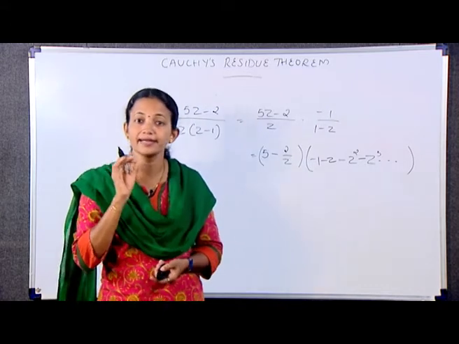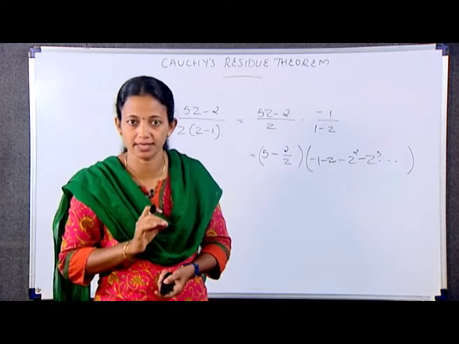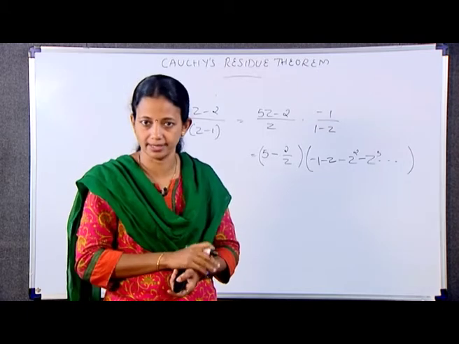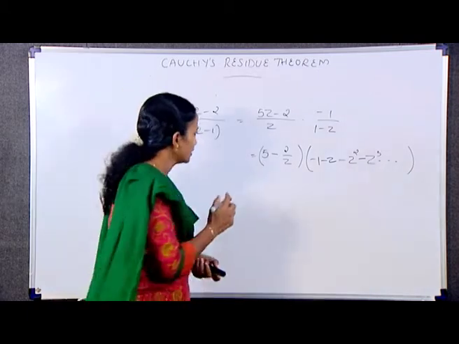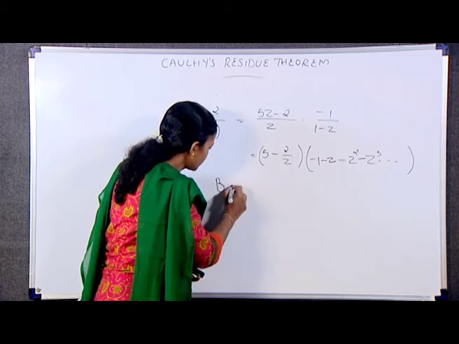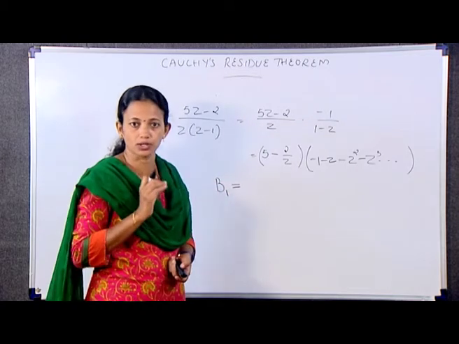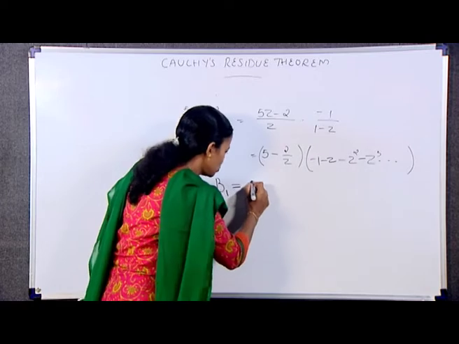And by identifying the coefficient of 1 by z in the product on the right, we find that B1, that is at z equal to 0, is equal to 2.